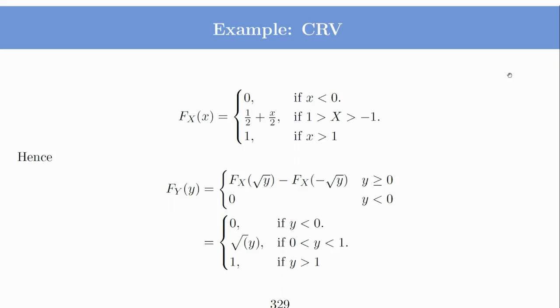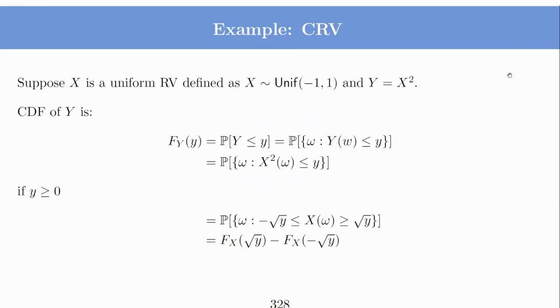So for the CDF of y, I have to calculate F_X(root y) minus F_X(minus root y). You can calculate this, and also note that when y is less than or equal to 0, this would be the probability that X squared of omega is less than or equal to a negative number, for which there is no omega, since X squared of omega is a positive number.